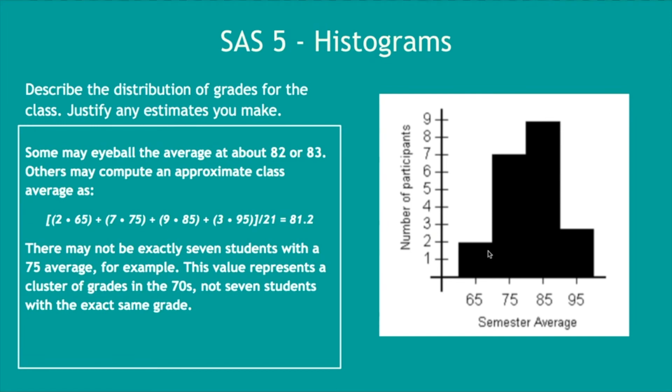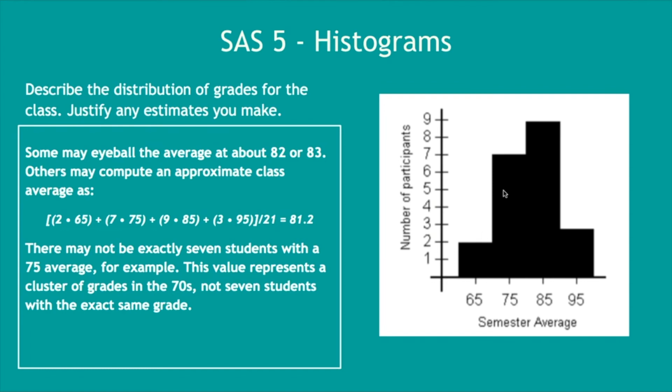We know that there are values somewhere in between. We'll say an average is 65. We'll say this column is an average of 75, and so on. So there's 2 values times 65, 7 values times 75, 9 values times 85, and 3 values times 95. We divide that by the total number of values, and we can determine the number of values by counting how many are in each column and summing all the total of each column.